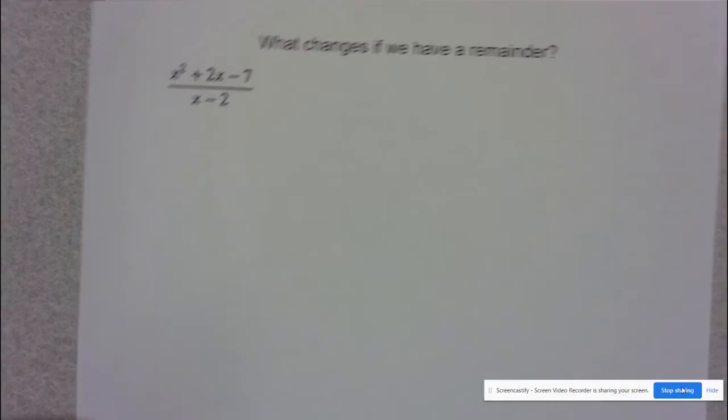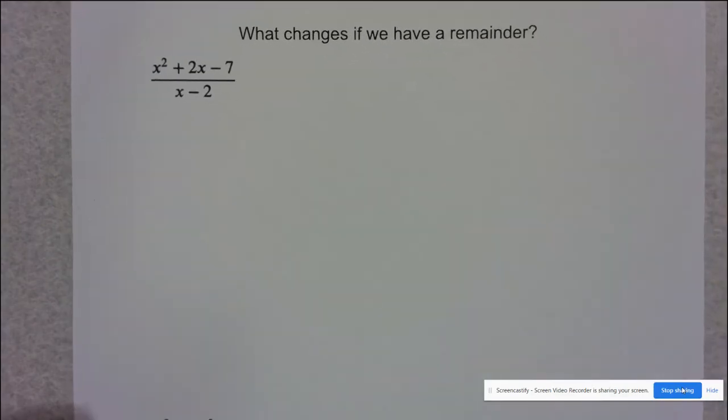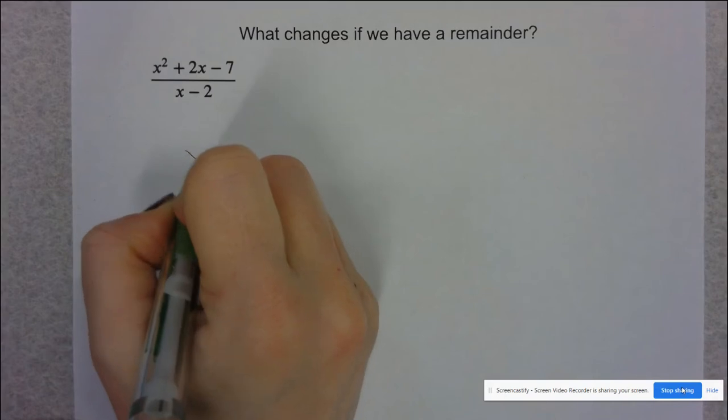All right, so those were dividing if we did not have a remainder. What's going to be different if we do have a remainder? So let's go ahead and start with our division.